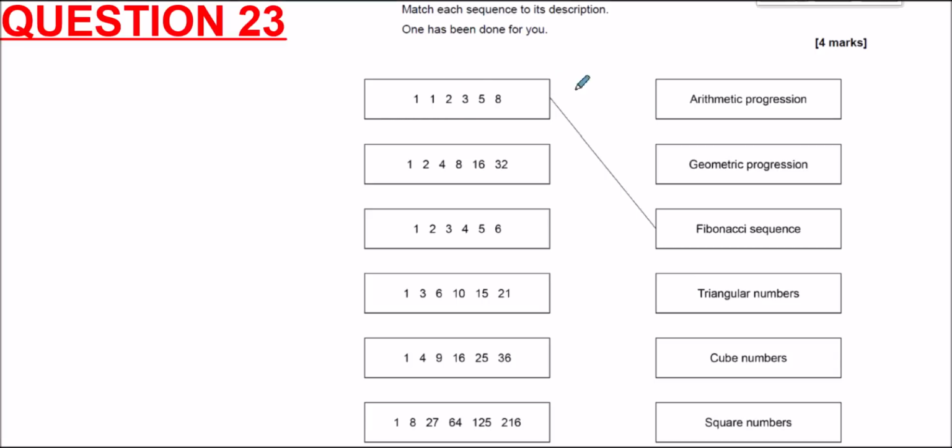Now, I'm just going to remind you of what different sequences mean, because it's worth knowing if this sort of question ever comes up similar again. So first of all, it mentions an arithmetic progression.